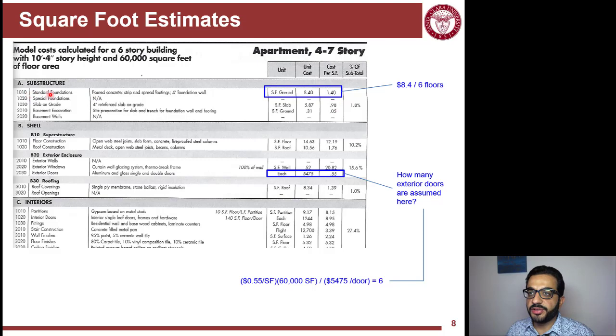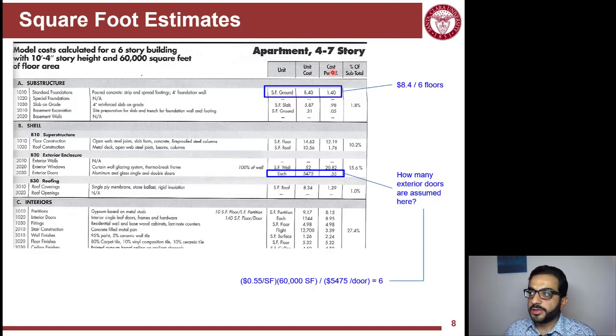So you have here the standard foundation. This building is assuming a standard foundation, poured, strip, and spread footings with a 4 foot foundation wall. The unit of measuring that scope of work or this assembly is square foot ground, meaning the footprint of the building; you don't multiply by the floors. And the unit cost of that foundation system is 8.4 per square foot of the footprint of the foundation.